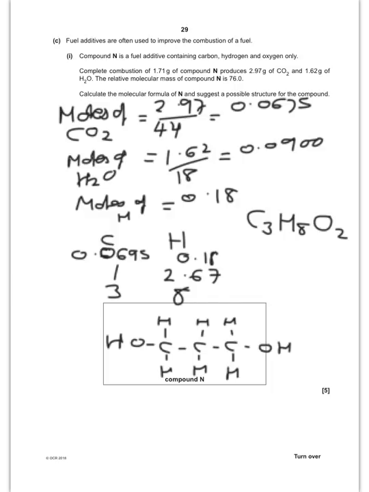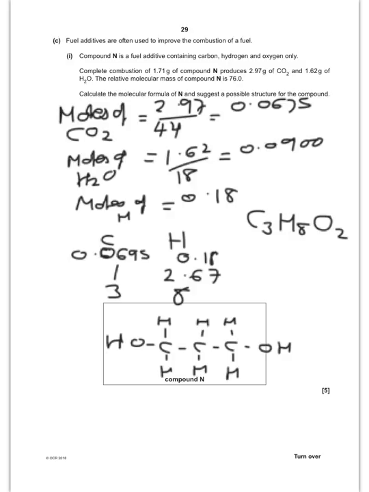Okay, so a slightly odd one this. So I completely combust compound N, and I produce 2.97 grams of carbon dioxide and 1.62 grams of water, and they tell me the molar mass is 76.